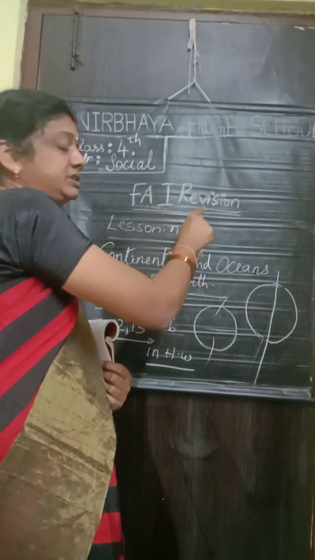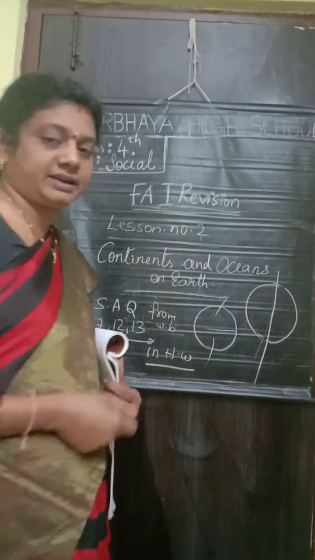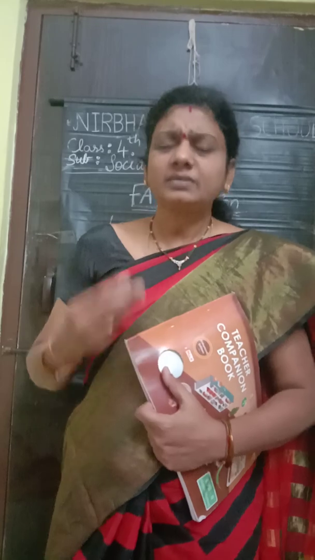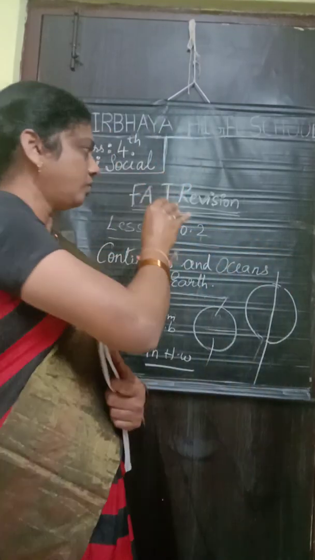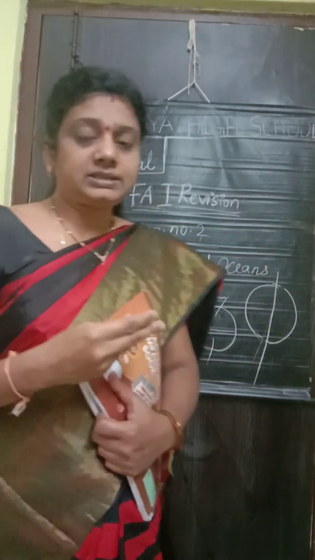In the homework book, first you have to write revision, FA1 revision, and start writing this. Children, for FA1 revision you are writing the STs. Those STs you can write in the homework book. The STs means, for example, I am reading the multiple choice question.